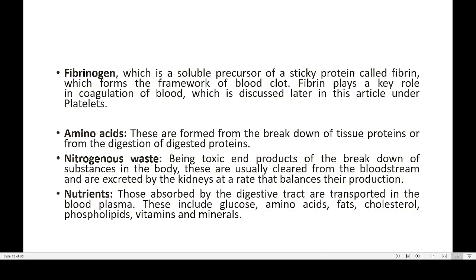Now in addition to these proteins, we have different types of amino acids and nitrogenous waste materials. They are actually end products of the breakdown of substances in the body. These are also present in our blood. Then nutrients like amino acids, glucose, fats, cholesterol and vitamins will be present in our blood.